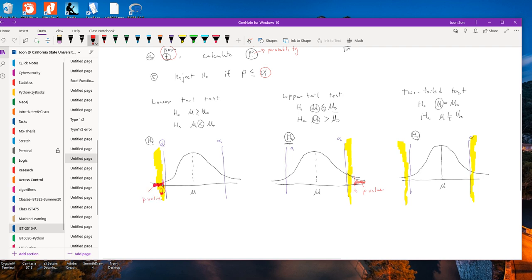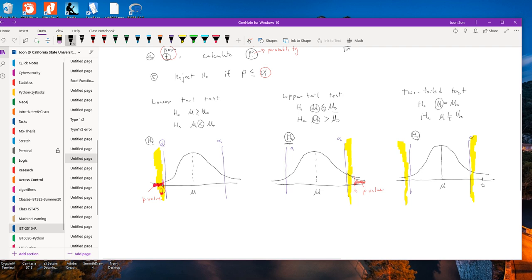And for the two tail case, let's say you calculate a t value, and this is your t value. Normal distribution is symmetric.